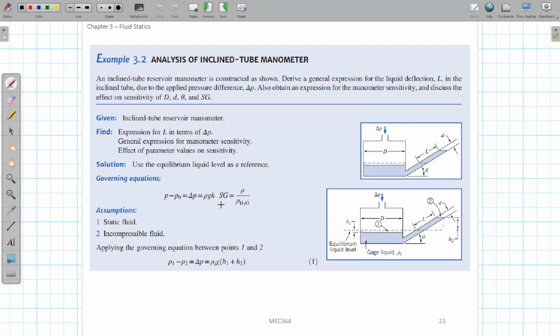And when we're measuring H2, it's from the dashed line, not the line of the gauge liquid. So we would be able to write the height in terms of H2 and H1. Yeah, this is a really tricky part, because this L we read is really starting from this dashed line.